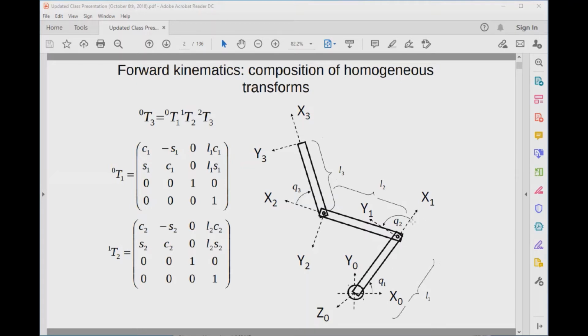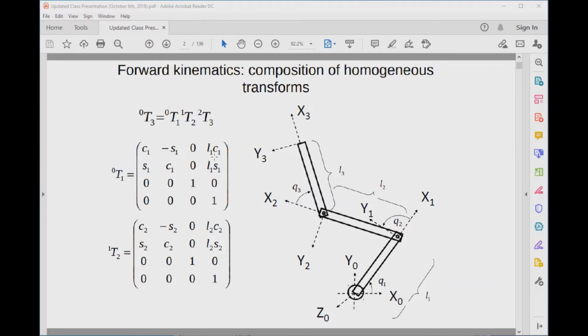And then the y component of vector x1 is sine theta 1. And then you look at y1. So the x component of y1, basically you have an angle theta between y1 and y0. So your x component is going to be minus sine theta 1. And then the y component is going to be cosine theta 1. And the z1 in frame 0 is basically 0, 0, 1 because it is along z0.